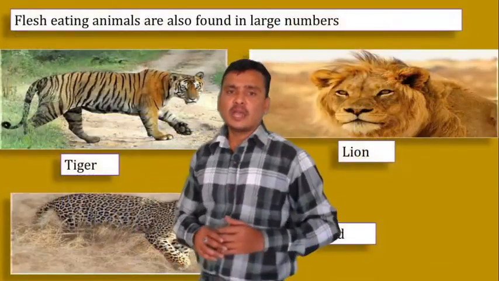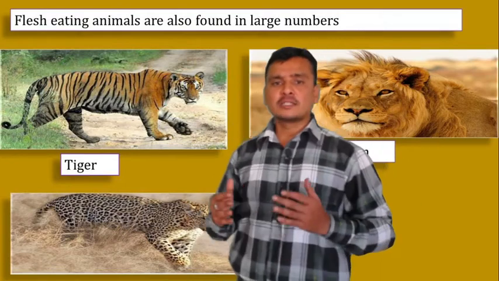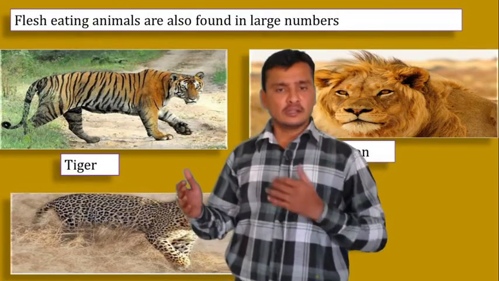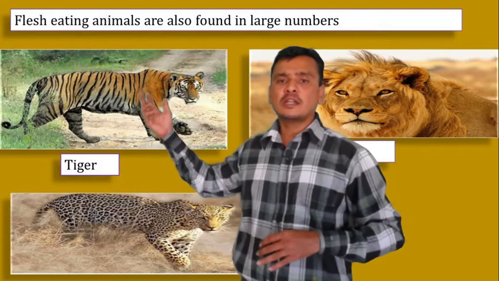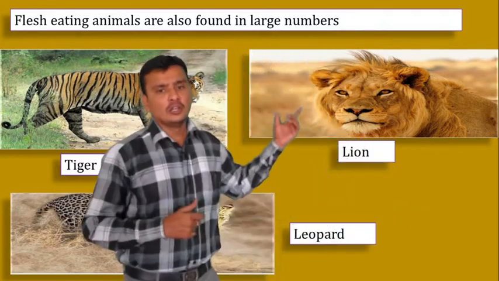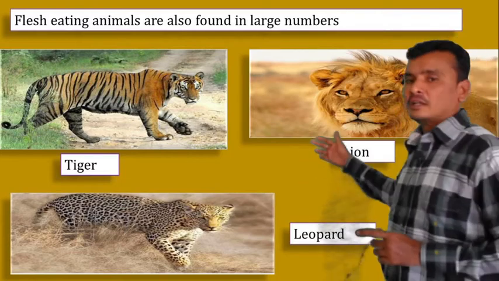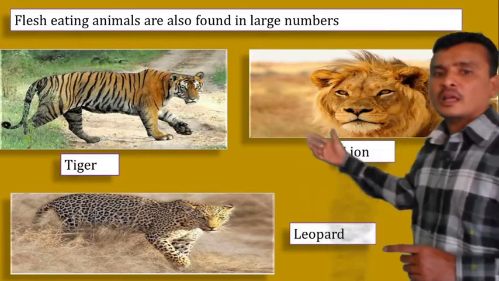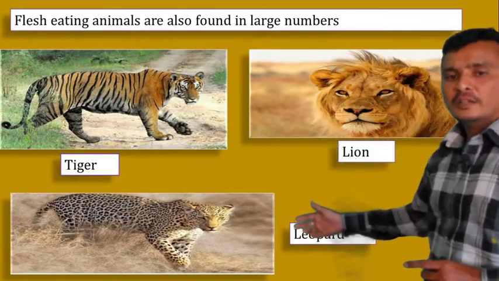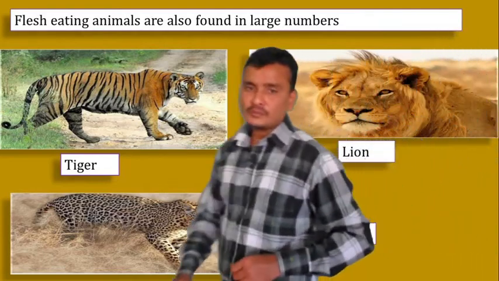Then flesh eating animals. Along with the grass eating animals, we find flesh eating animals also. These are the tiger, lion, and leopard, also found in large number in Africa.